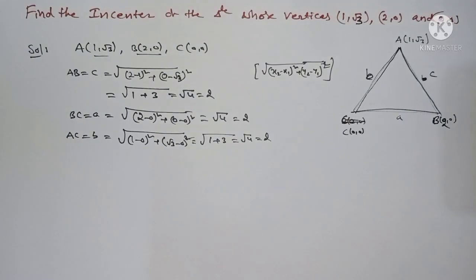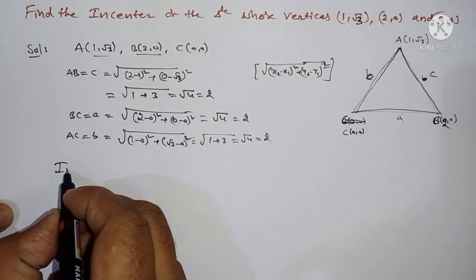This is an equilateral triangle. All three sides are equal, so ABC is an equilateral triangle. Then we can write the coordinates. What is the formula for the incenter?